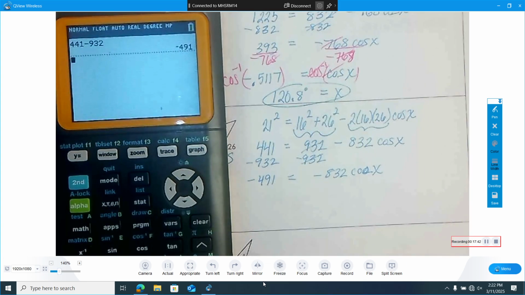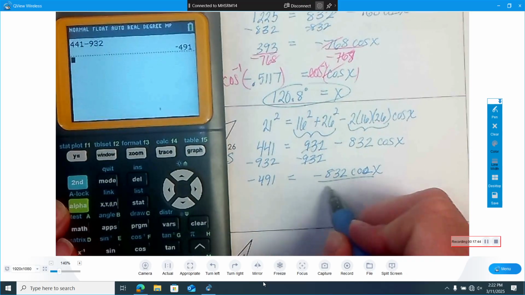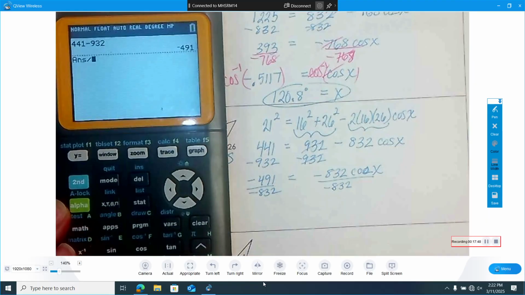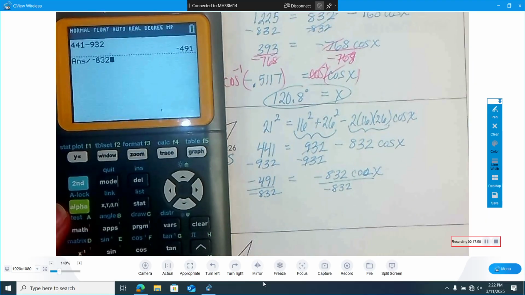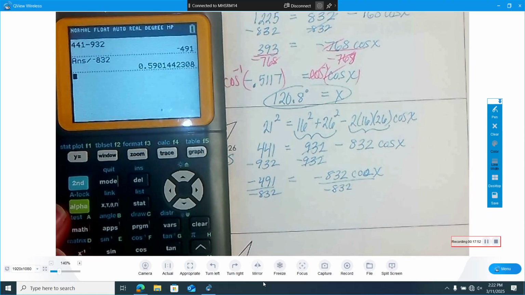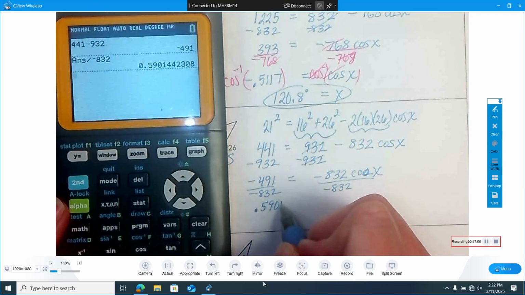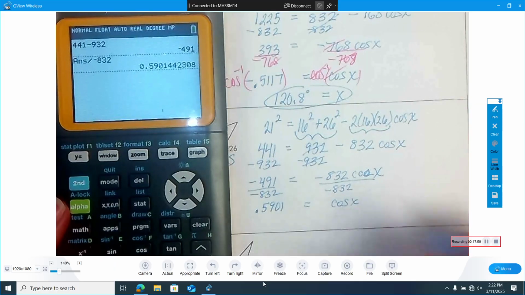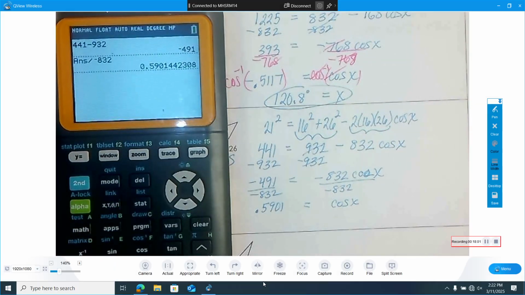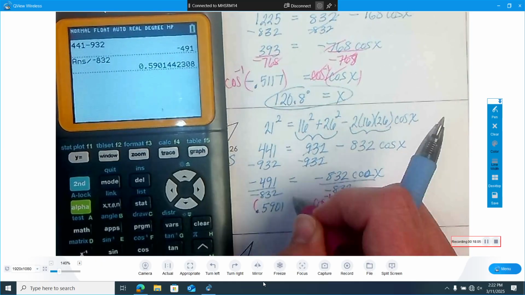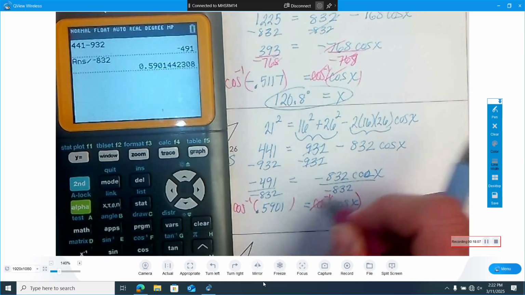And then what do we do? Divide by negative 832. Again, just hitting divide pulls that previous answer, so it's a little time saver. 0.5901 equals cosine of x. And how do we get x by itself? Cosine inverse of both sides.